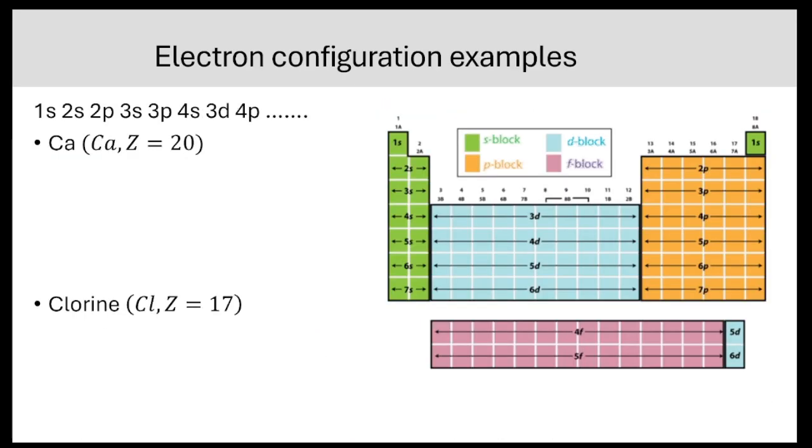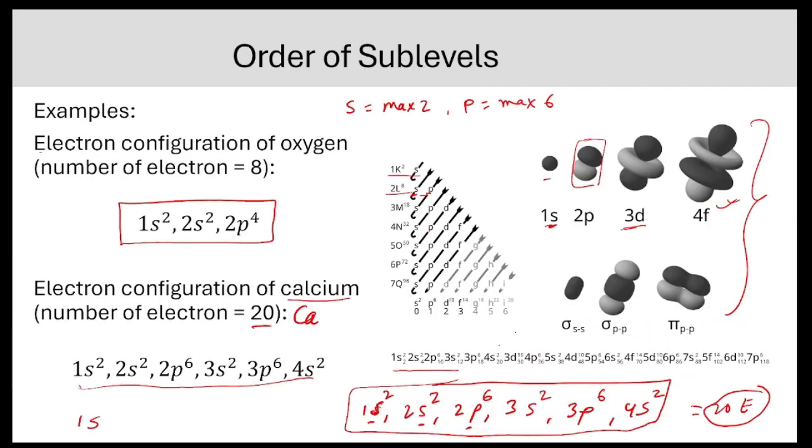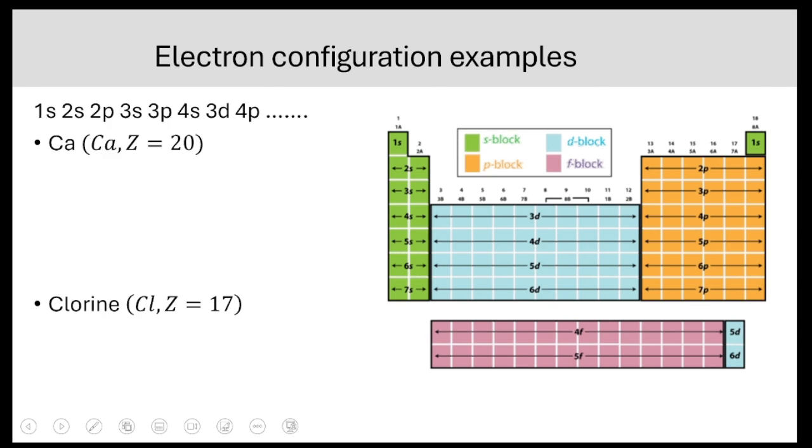And the configuration we just saw here from this diagram can also be achieved from a periodic table. Here we can look here. If you go from left to right, and look at all these blocks, these green blocks are s blocks, and these yellow or orange blocks are p blocks, and these blue blocks are d blocks, and so on.